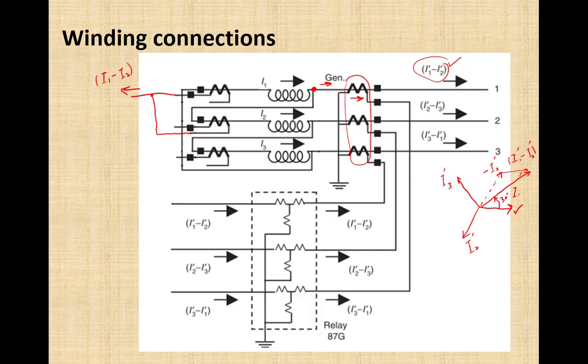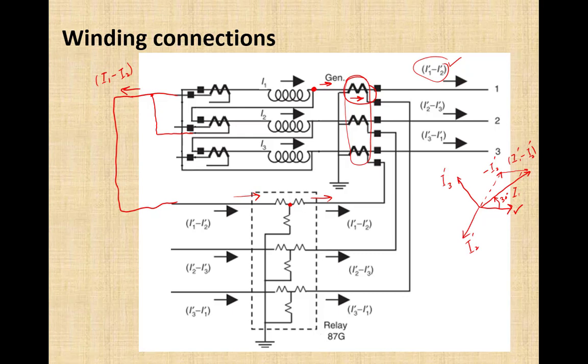Now the primary of this CT was carrying I1 prime minus I2 prime and the secondary is carrying I1 minus I2. So let's connect these two currents together. Here at this node, the amount of current approaching from this side is exactly the same as the amount of current leaving, and we have compensated the phase difference as well by connecting the CT secondaries in delta.